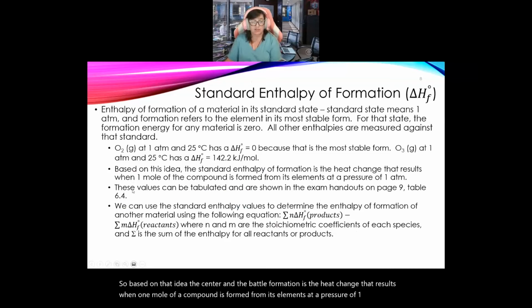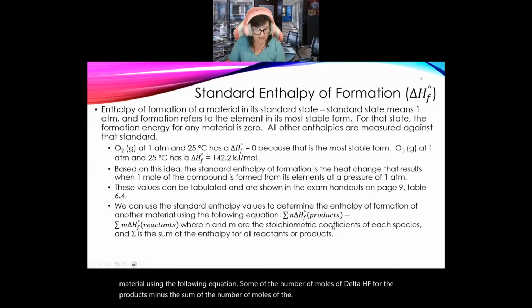Those values can be tabulated and are shown in the exam handouts on page 9, table 6.4. We can use the standard enthalpy values to determine the enthalpy of reaction for any other material using the following equation: the sum of the number of moles times delta H naught F for the products minus the sum of the number of moles times delta H naught F for the reactants, where n and m are the stoichiometric coefficients of each species.